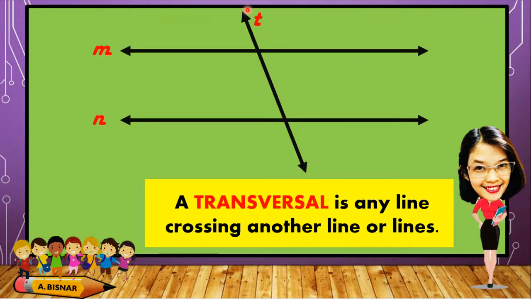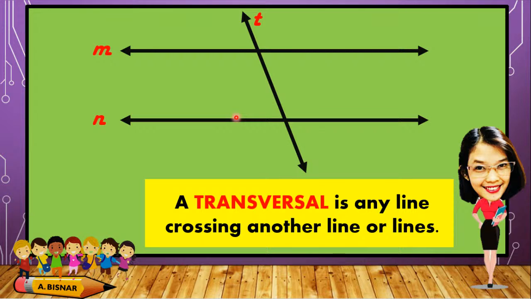Wait, I will also send it to our group chat. Line T is the transversal line. This line is not parallel to line M and line N. Diba, from what we have defined about parallel lines, those are the lines that will never meet.